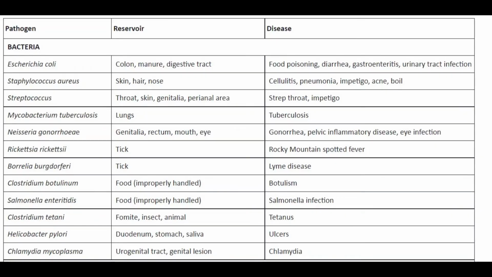I am including a table for you out of your book. It's table 1.1 in your chapter 1, and it shows various pathogens, the reservoir, or where these pathogens live and are kept, and the disease that it causes. Things like Staphylococcus aureus, which is a very common beneficial bacteria that lives on the skin, on the hair, and the nose.